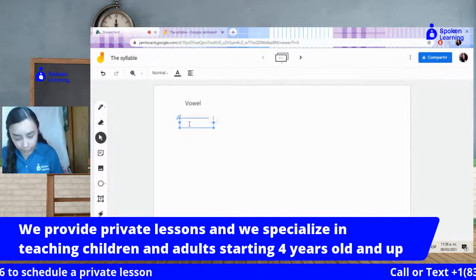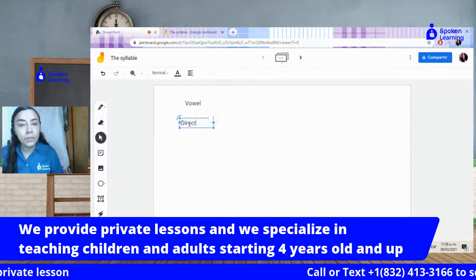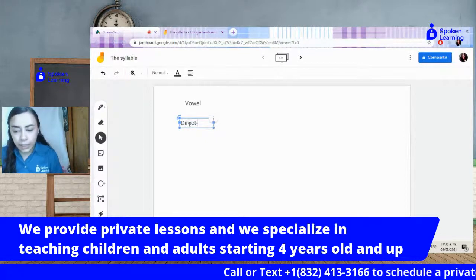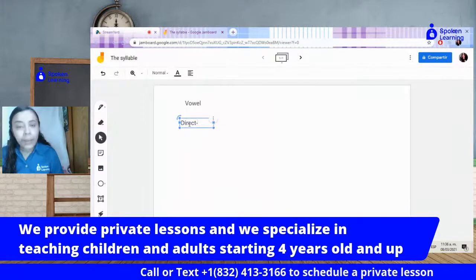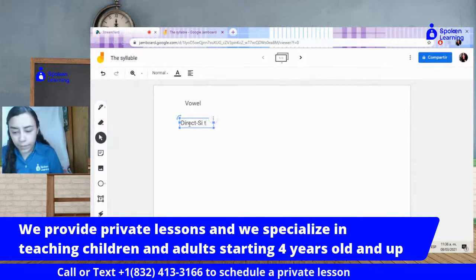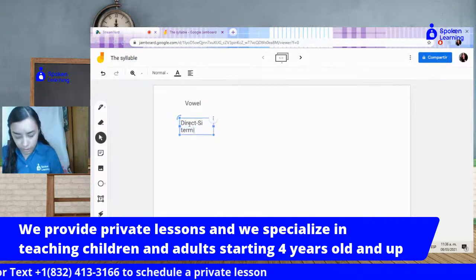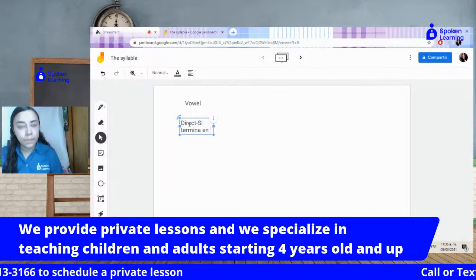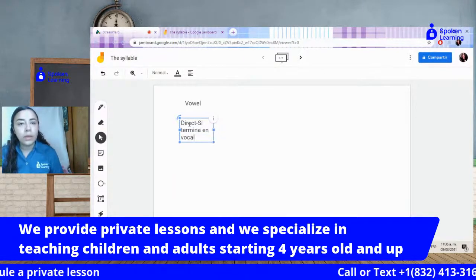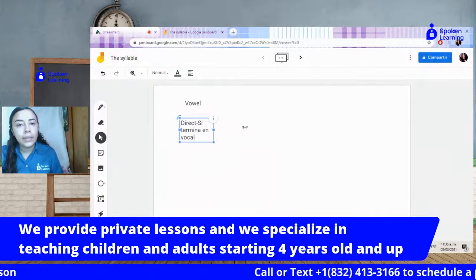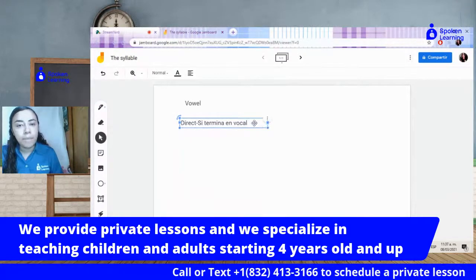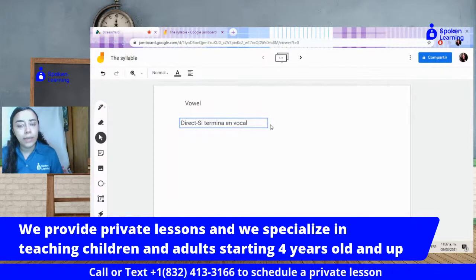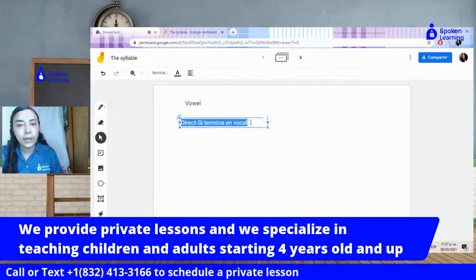We have the direct form, if it finishes in vowel. Okay, direct if it finishes in vowel.